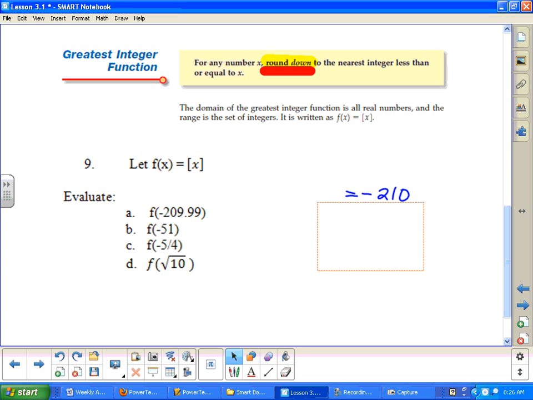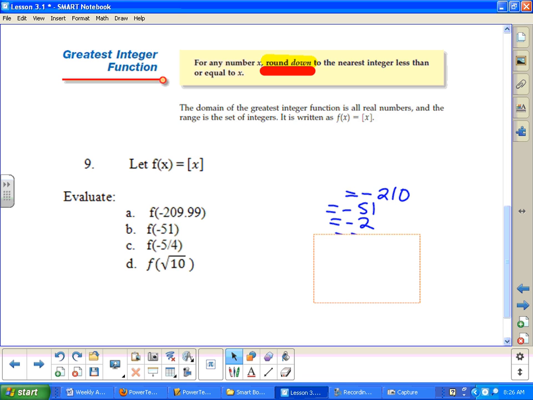How about negative 51? Okay, it says less than or equal to it, so that would still just be negative 51. How about negative 5/4? So it's negative 1.25. Okay, we round down, that means we're going to the next number smaller than that, would be negative 2. So we're rounding down to the next number below it.